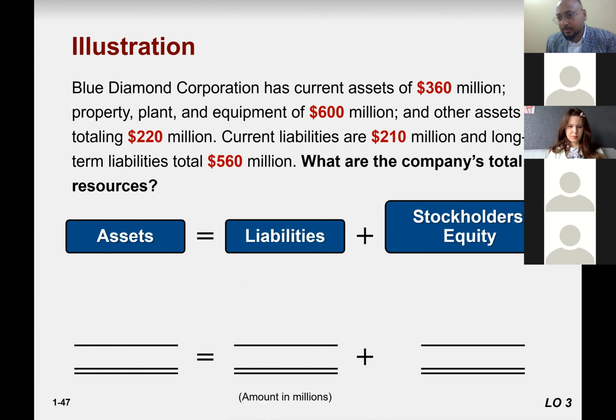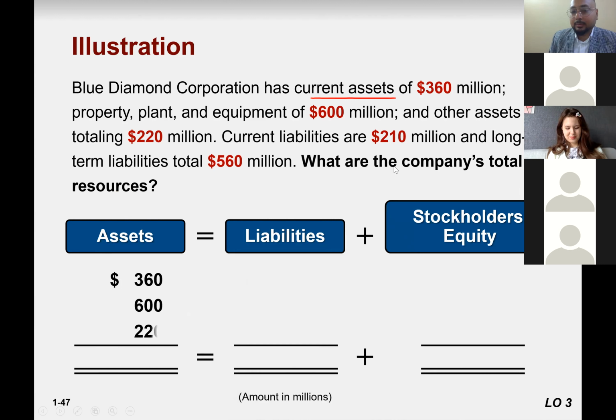So how much are the assets? Current assets: we are not going into the definition of what is current and what is long-term asset, we will talk about that in coming slides. But these are assets, 360 million. Property, plant, and equipment, 600 million; of course, these are assets under business possession, under business ownership.